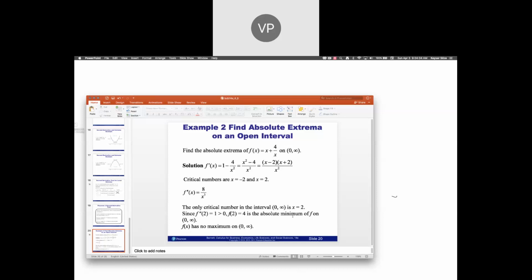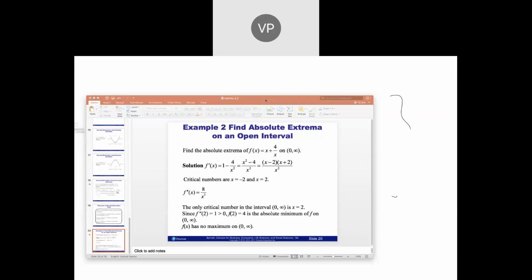Okay, so we know that there's a local minimum at 2. But we don't know what that looks like. Sorry, I'm trying to get the pen working here. So let me show you a couple scenarios.